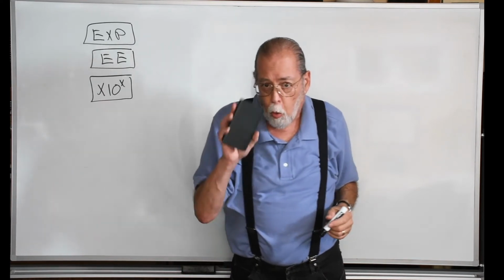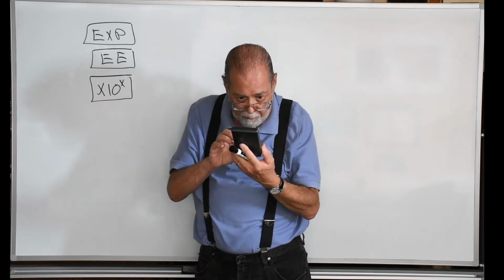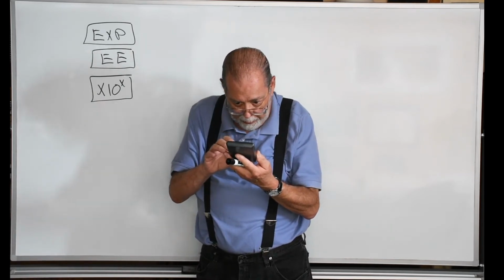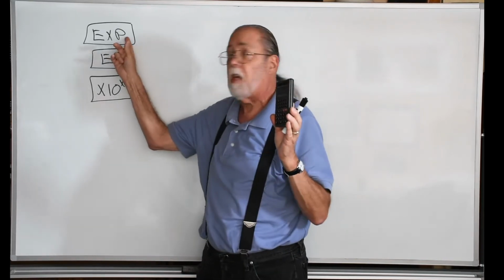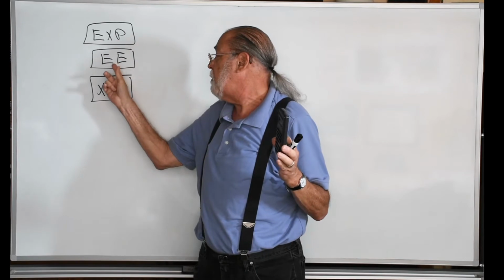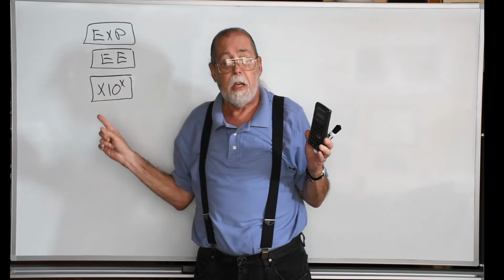So while you're watching this video, look at your calculator and identify the key that is used. This one has an EXP on it. This one has this key. Some of them might have the double E key, and other ones might have a times 10 to the x key.